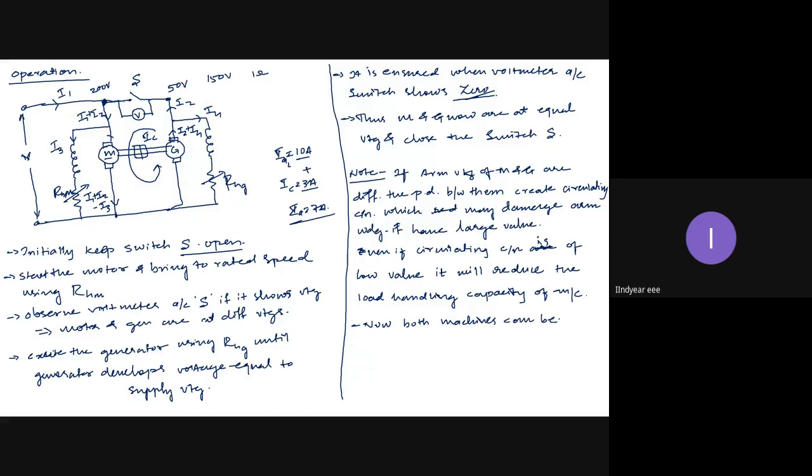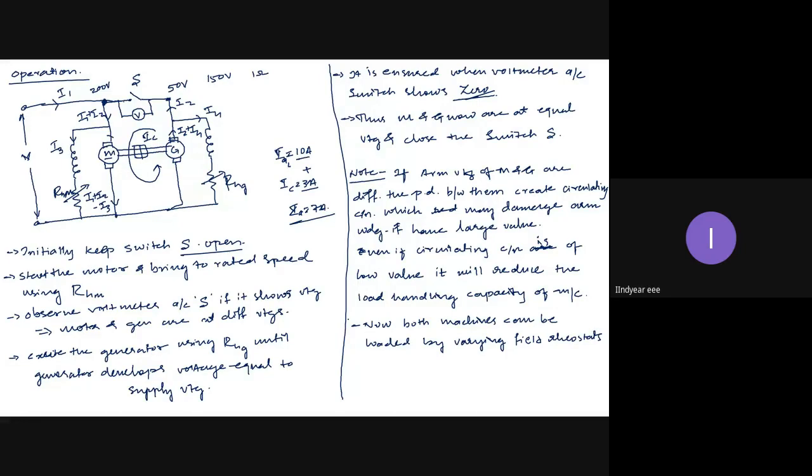Now both machines can be loaded by varying field rheostats. By varying field rheostat. How to vary?